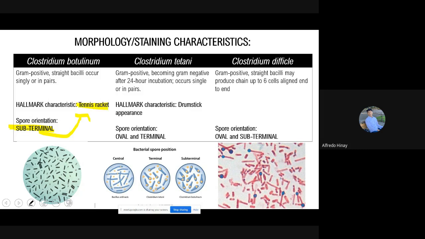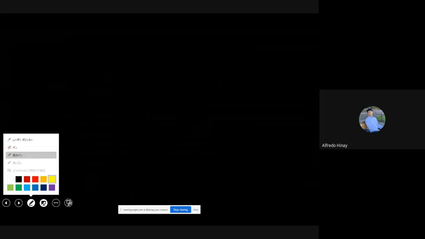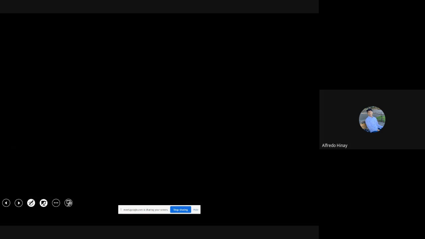For your Clostridium tetani, they are oval or terminal. Kaya nagkakaroon tayo ng drumstick. Okay? Tapos, you have your Clostridium difficile, oval at saka terminal din. Okay? So if you can observe here, pag subterminal, para siyang tennis racket sa class. Kasi, pag ganito yung itsura niya, pag subterminal.